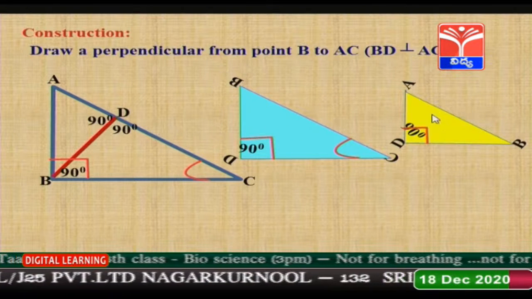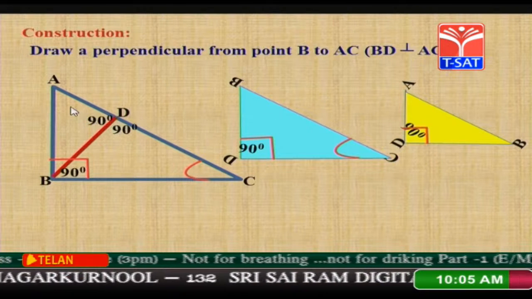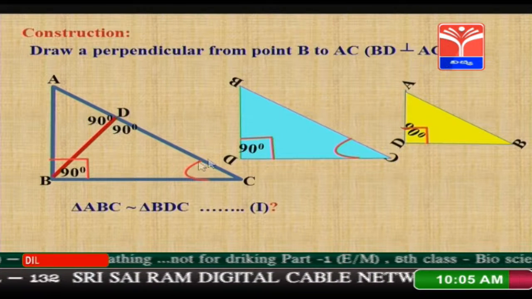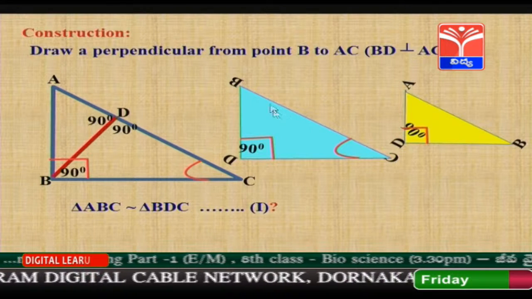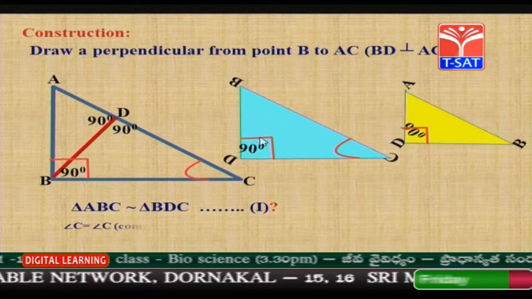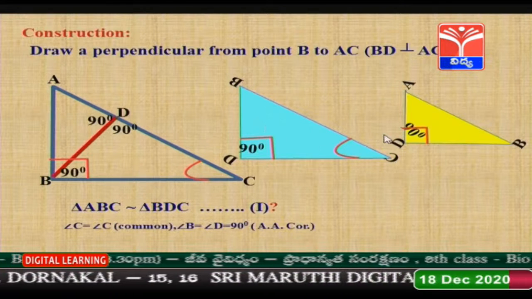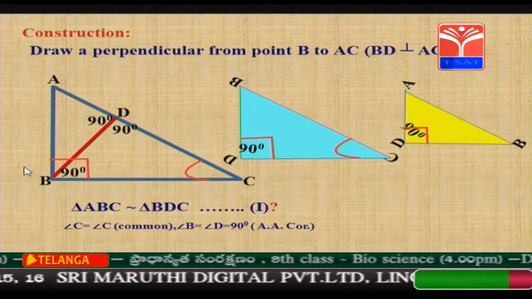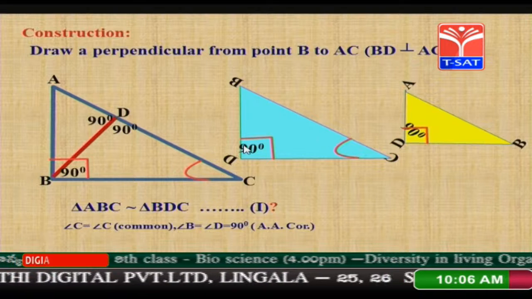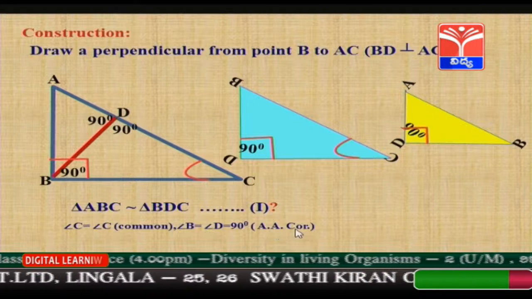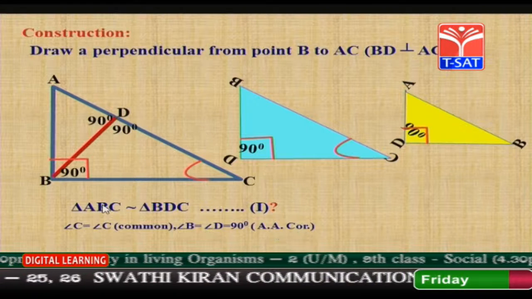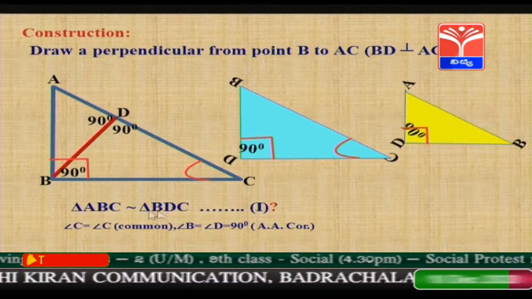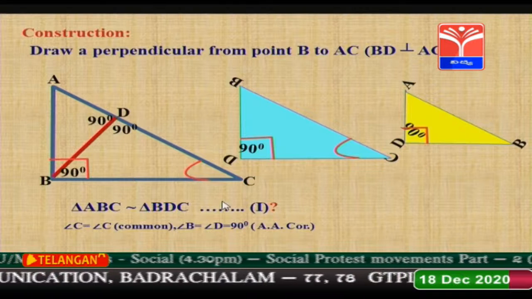Similarly, let me show this triangle and this triangle. See, this triangle ABC is similar to BDC. Why? Because angle C is common in both the triangles and angle B and angle D are 90 degree right angles. Therefore, by using the AA corollary, we proved that triangle ABC is similar to triangle BDC.